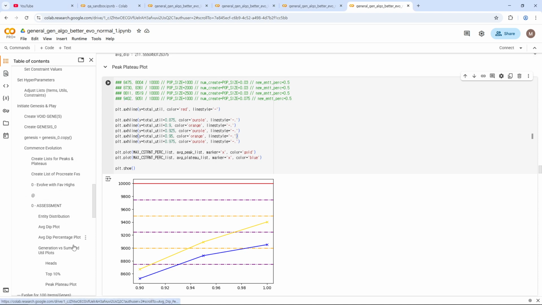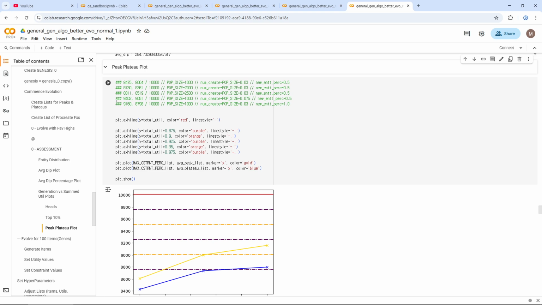Next up, this is what I did. I calculated num create by multiplying the population size, which is 1000, by 0.03. However, I changed the new entity percentage to 1.0, as in the same number of entities that were created. But it doesn't mean all of them will be chosen.